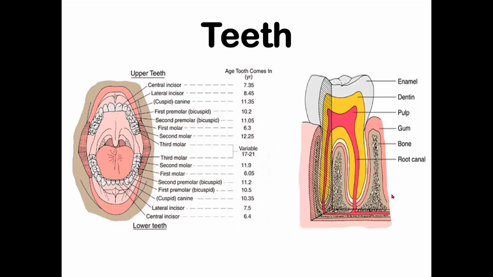The interesting thing though is teeth are living parts of our tissue. And the enamel is probably the hardest part of our tissue in the body. But it's easy to get into if you have acid. Acid will break it down.